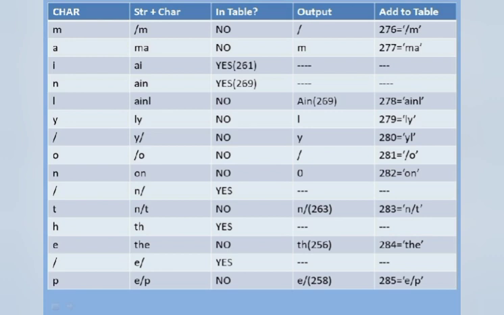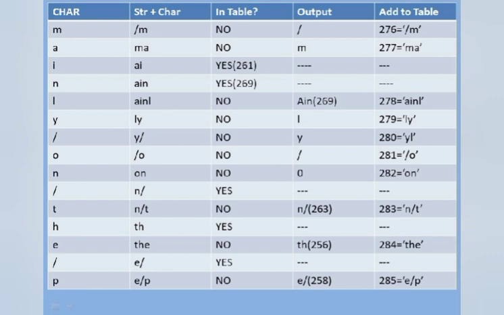The next character is A, which we will join with the previous character. So our new string will become MA. We will look in the table for its existence and the answer is no. Output will be M and MA will be placed at position 277.